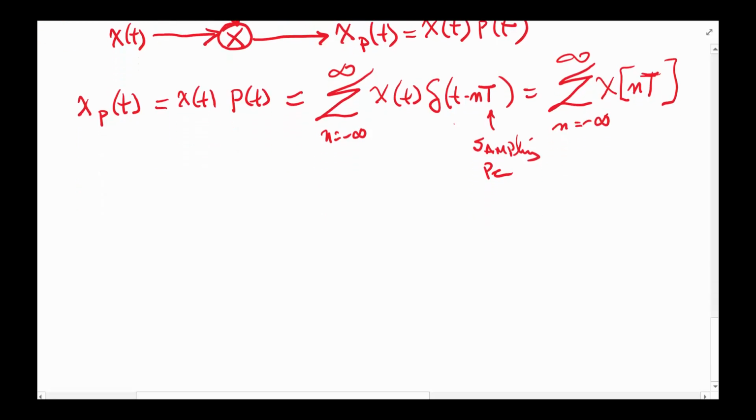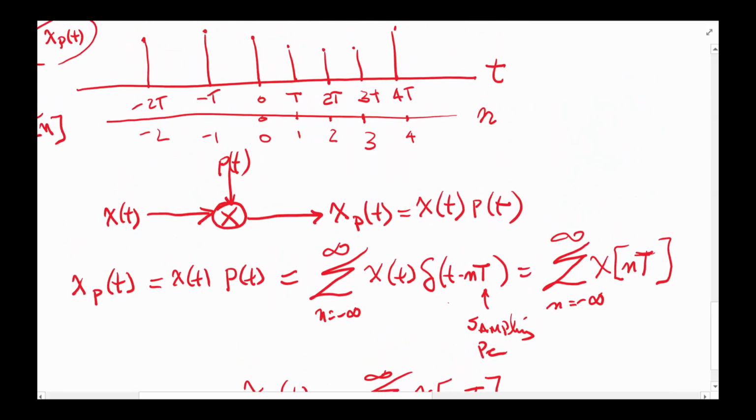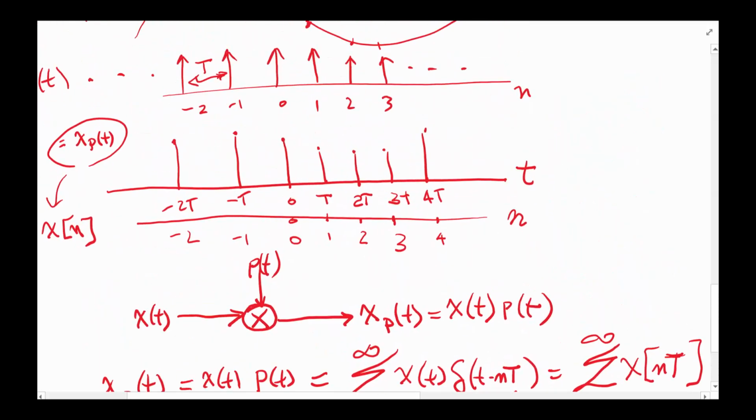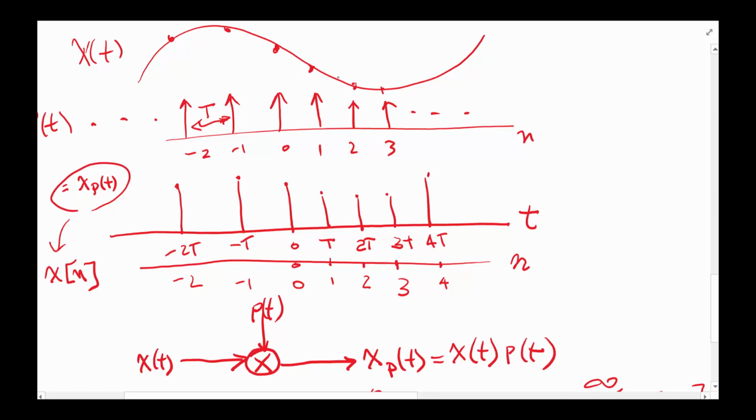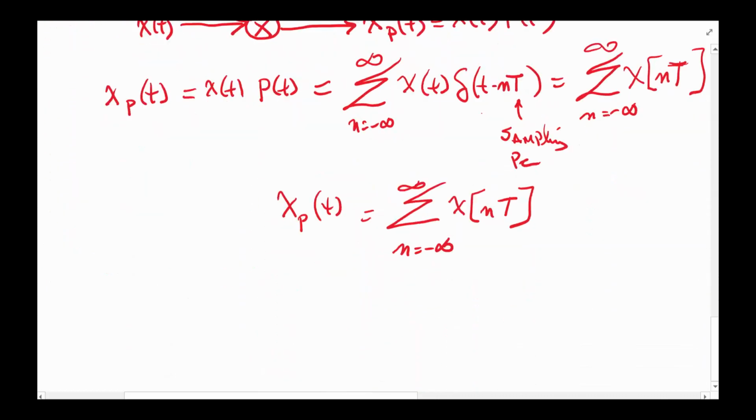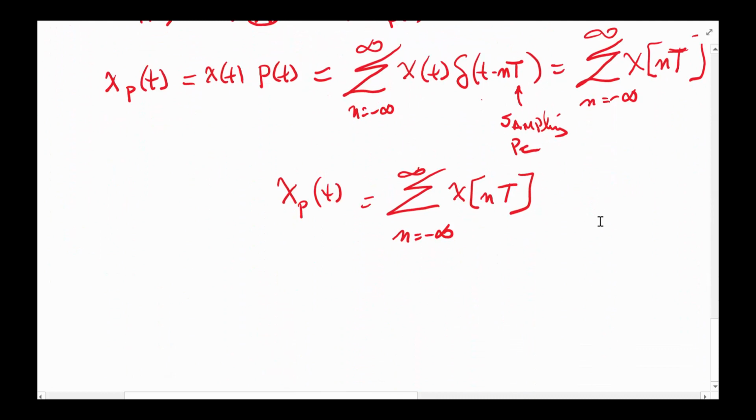So now we have our xp of t, the sampled function, equal to the summation of n going from minus infinity to infinity of x of nt. Basically, our xp of t is going to be the values of the function at these specific points on the curve, and the rest of it is lost at this point.